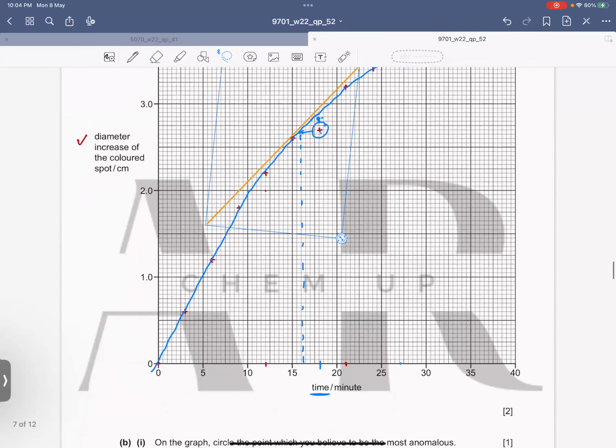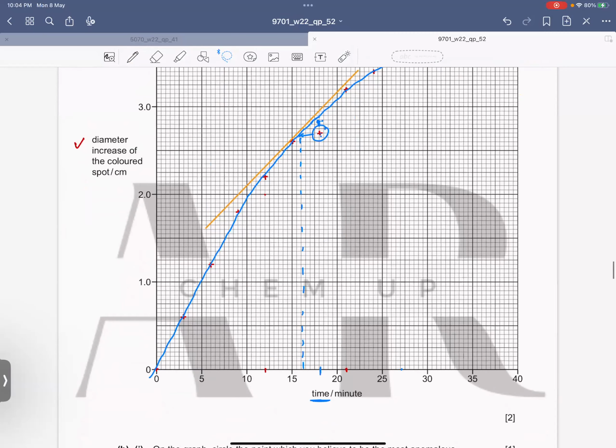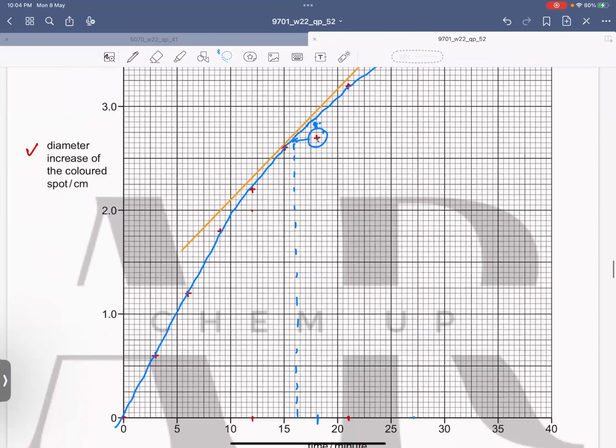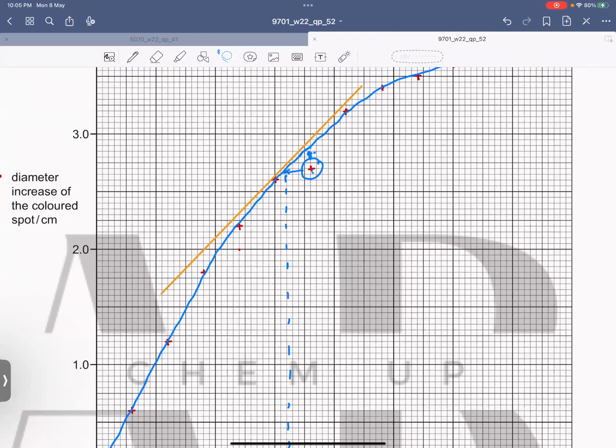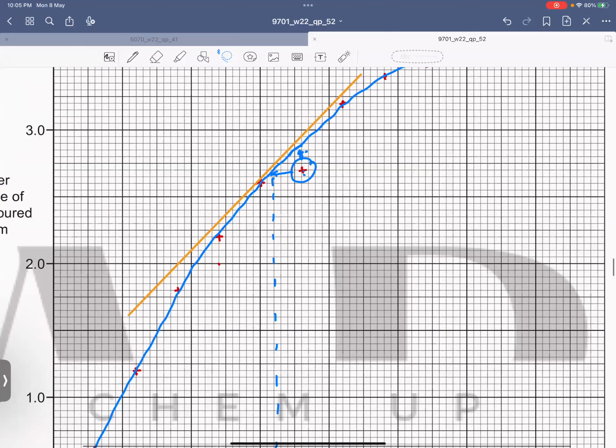Okay. So this can be a tangent over here. Okay, now let's take two coordinates.